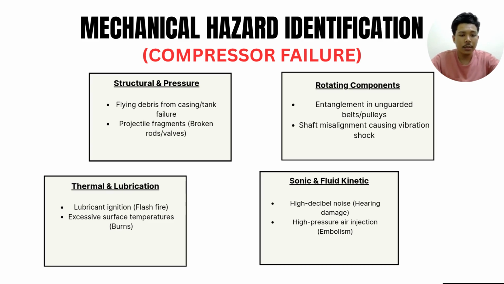Third, thermal risks include extreme surface temperatures that cause burns or worse, or oil ignition leading to flash fires. Finally, fluid kinetic sonic hazards present high decibel noise that damages hearing and dangerous high pressure fluid injection. Identifying these specific threats allows us to build targeted engineering fixes.